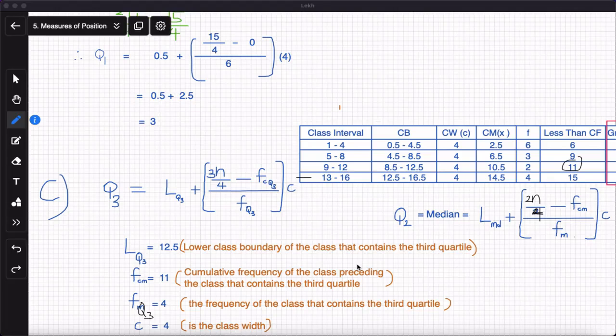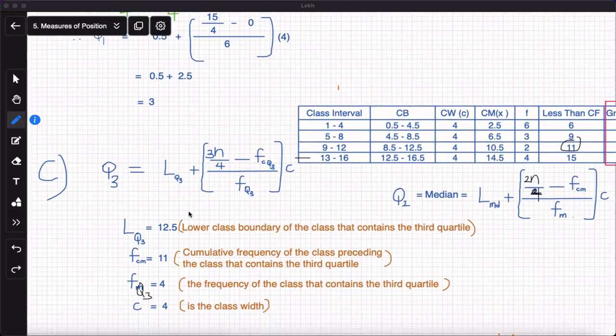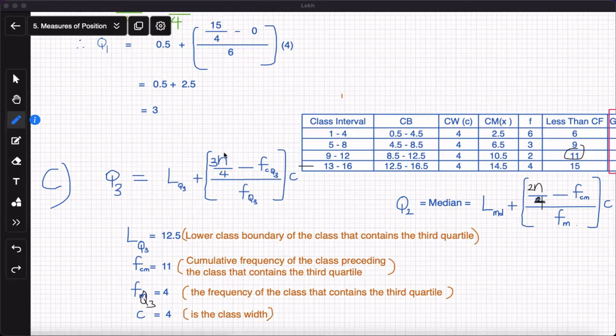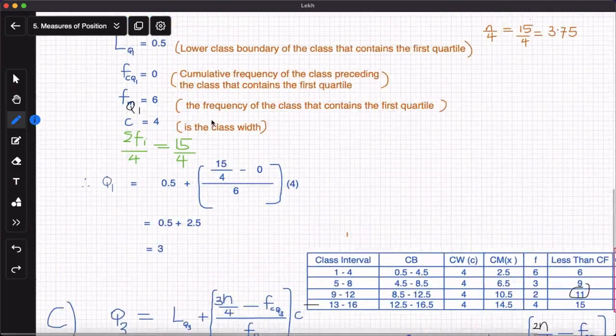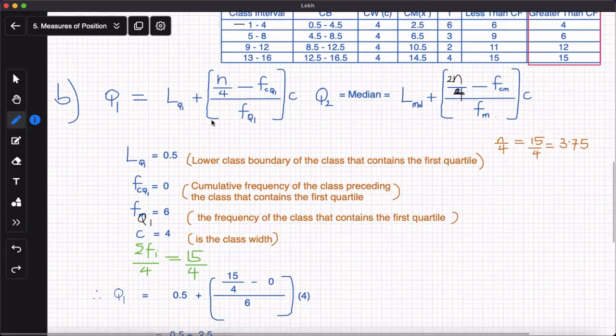So looking at this, Q3 actually follows the same pattern. So this time around, we will be using 3 over 4 multiplied by n. When we're interested in Q2, we use 2 over 4 multiplied by n.